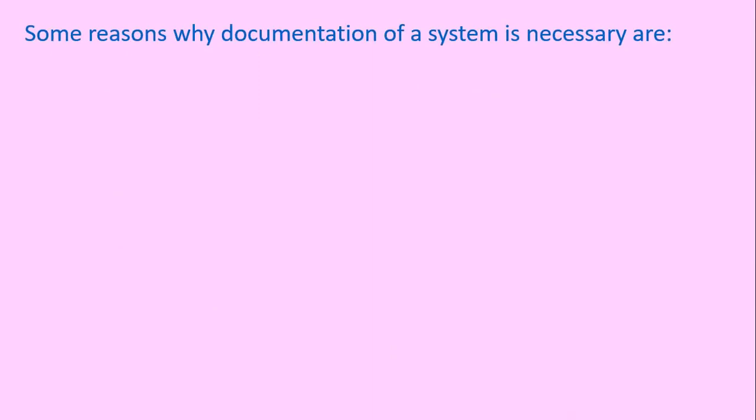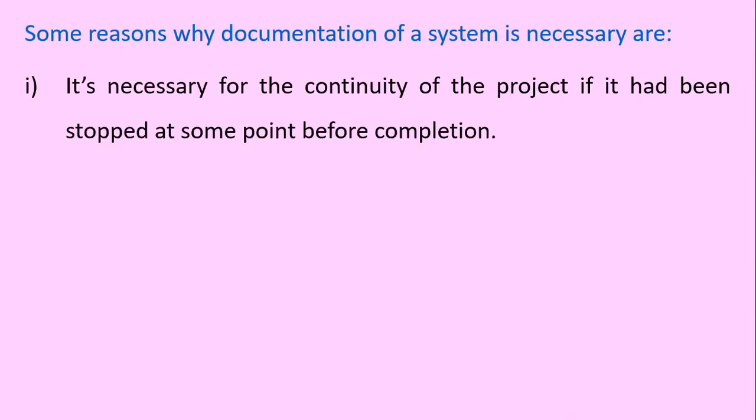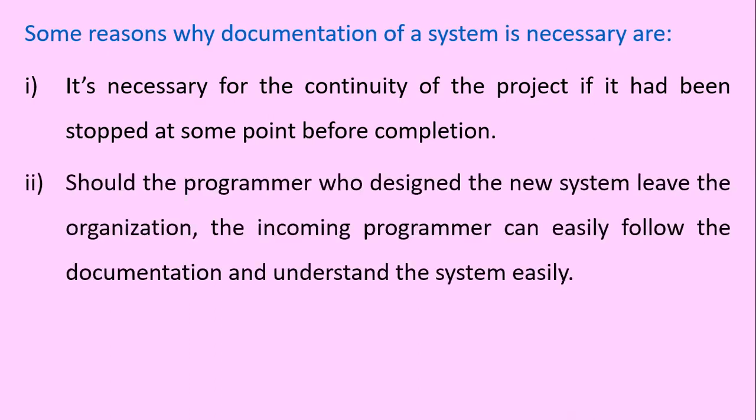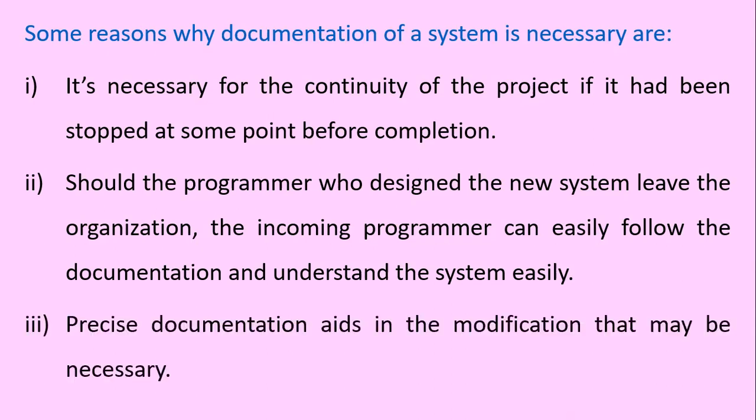Some reasons why documentation of a system is necessary include, number one, it is necessary for the continuity of the project if it had been stopped at some point before completion. Number two, should the programmer who designed the new system leave the organization, the incoming programmer can easily follow the documentation and understand the system easily.